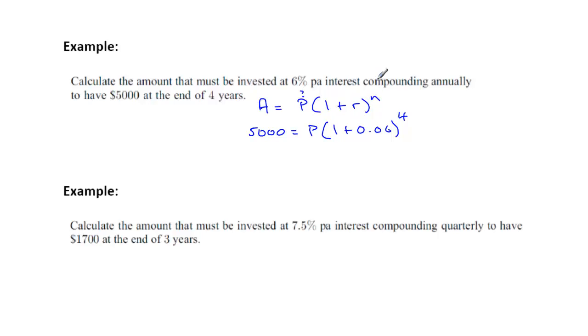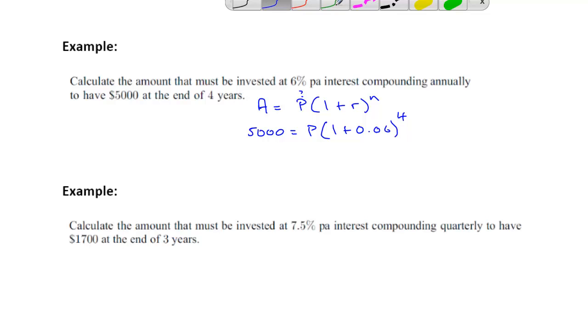Well, there's a little bit of, I guess you'd call it algebra involved. If you have a look at this section here, it actually works out to be one number. You can either work that all out and write it out, or probably preferably, to save you the problem of having to round, take your $5,000 and divide by this whole thing, because this is a times in here, remember, P times that.